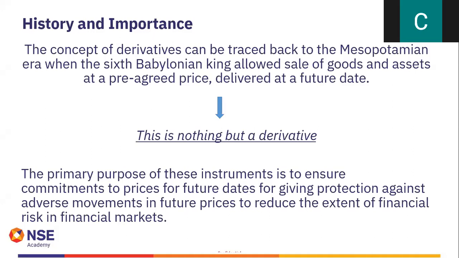In simple terms, it is safeguarding each other's position, because the market is volatile and the value of the asset can go up or down. Just to safeguard against that risk, these derivative contracts are entered into by various parties. That is the major purpose of derivative contracts.